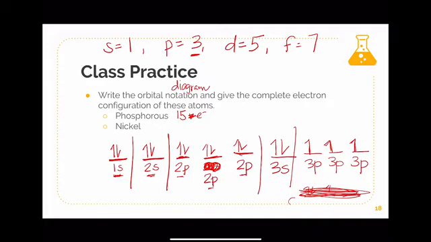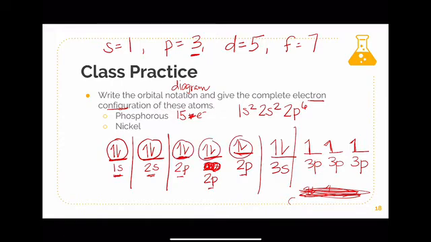Okay, so when we write our electron configuration, we write it out as 1s2, because there's 2 in there, 2s2, again 2 in there, 2p6, okay, because there's 6 in there, 3s2, 3p3, because we've got 3 electrons in there.